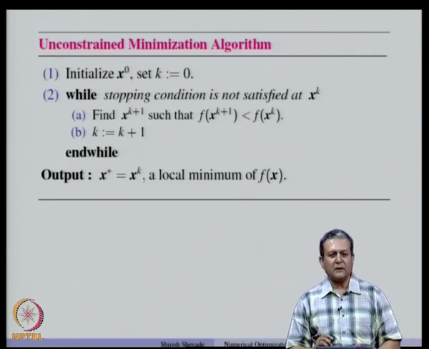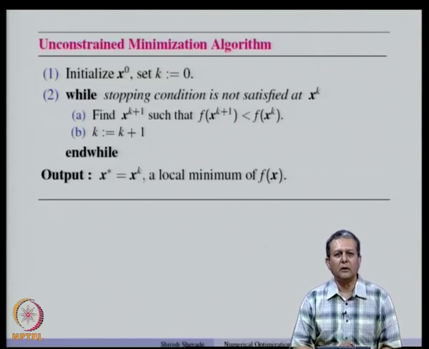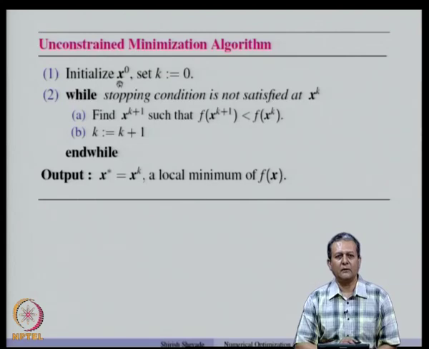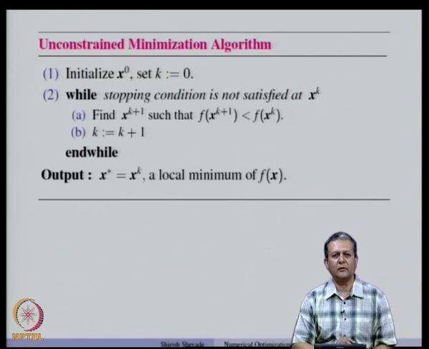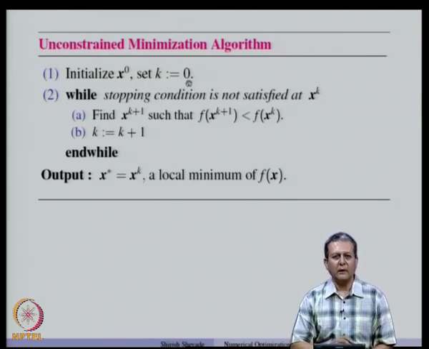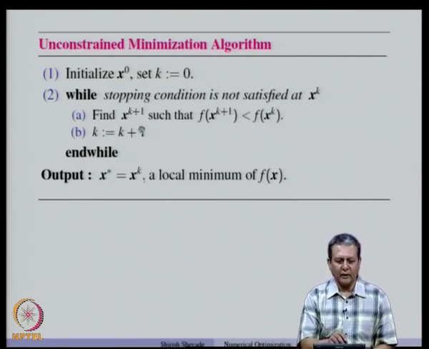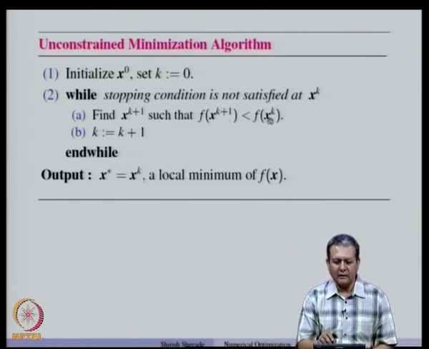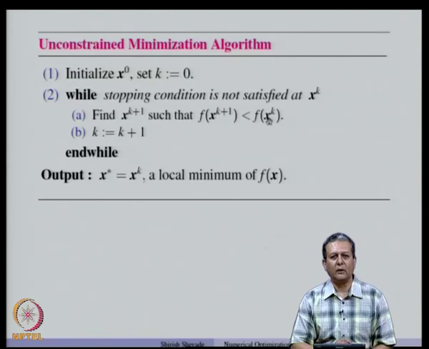And then we started looking at the algorithm for an unconstrained minimization problem. So, this was a conceptual algorithm for solving a minimization problem where we are trying to minimize the function f of x. The first step of the algorithm is to initialize x 0 to some point in the space of real numbers and set the iteration count to 0. Then, while some stopping condition is not satisfied at x k, one finds a point x k plus 1 such that the value of the function at the new point is less than the value of the function at the old point.